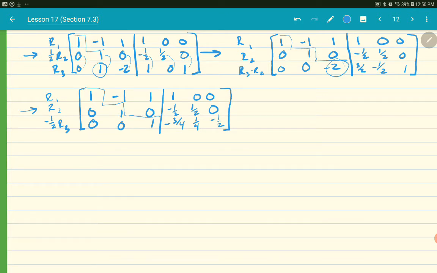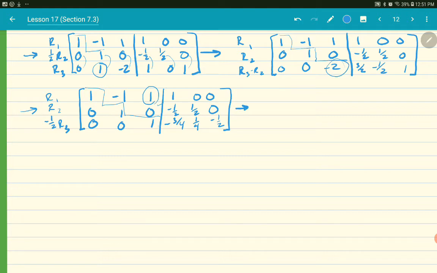All right, so I've gone downstairs. I got my reduced row echelon form, so now I got to go back upstairs to get zeros all above the ones. So I already got this one, so that one's good, but I still need this guy. So to turn that one into a 0, what shall I do?